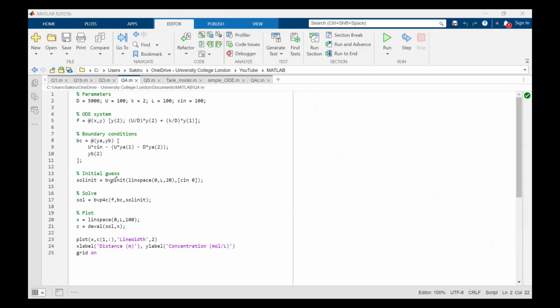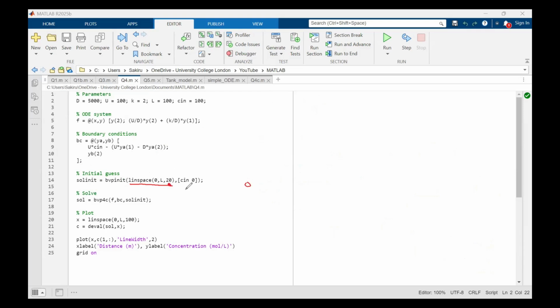Then the initial guess, again, you specify the initial guess by using bvpinit. So linspace 0, comma L, comma 20 is saying, okay, generate from 0 to L 20 grid points.